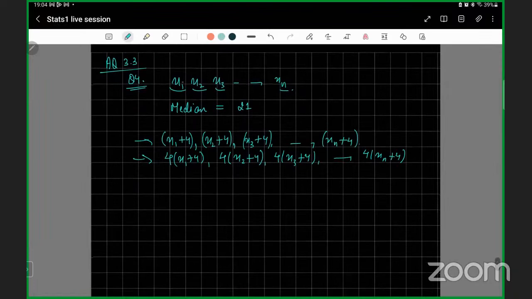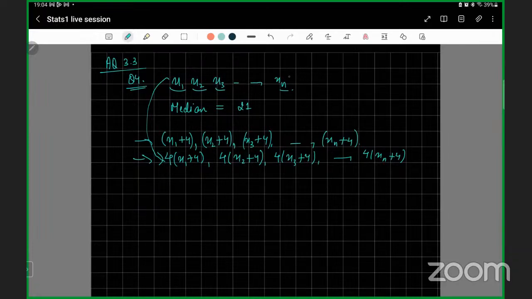Initially your data set was x1, x2, x3 up to xn. Now it has been converted, and it is asked what is the median of the final data set.